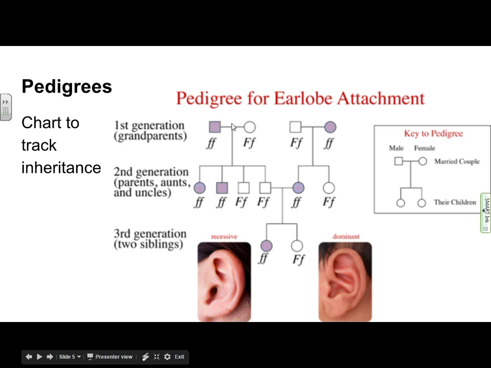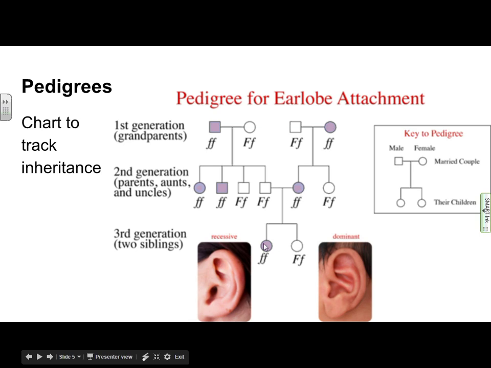Looking at dad's parents, the children's paternal grandfather and grandmother, grandpa on dad's side has the recessive condition, attached earlobes. Grandma has the dominant condition, detached or free earlobes. So we can use this to figure out where those genes came from.